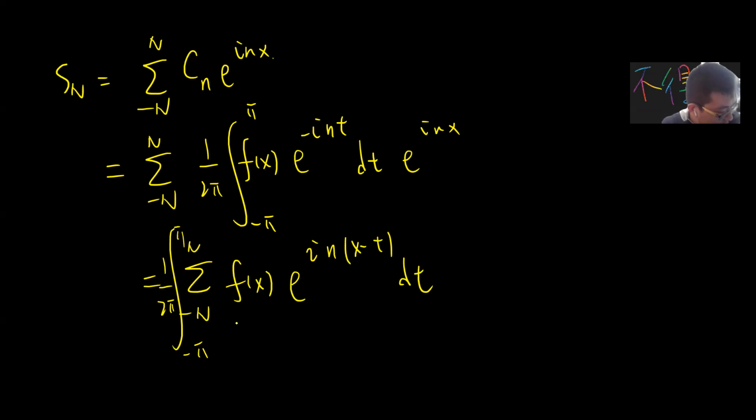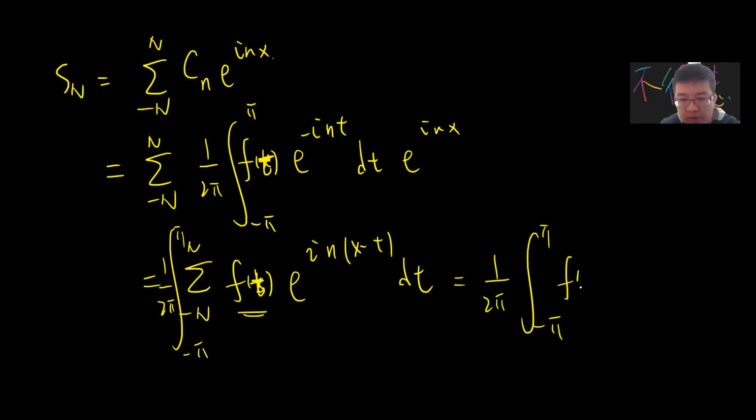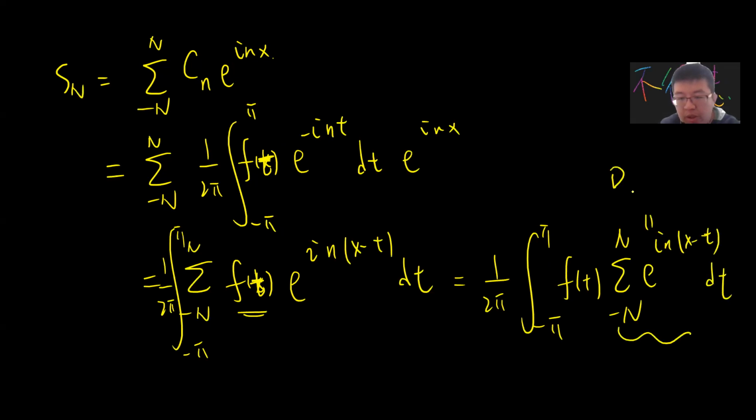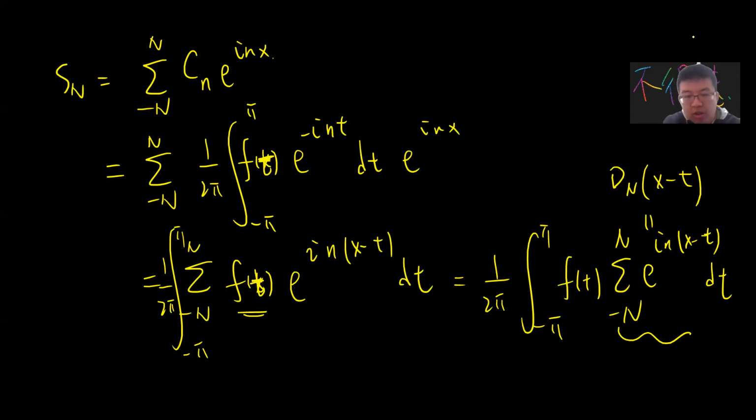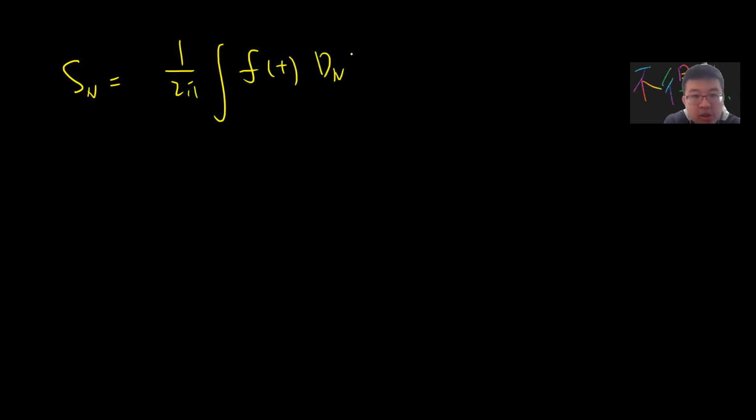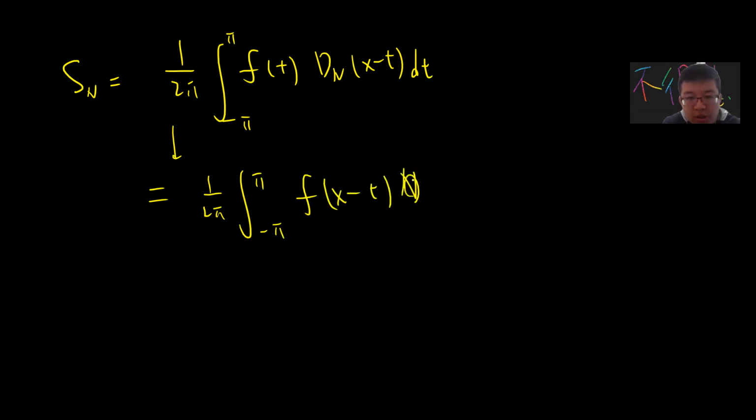Sorry, this is t, and then you can pull out the 1/2 pi: 1/2 pi times the integral from negative pi to pi of f(t) times the summation from minus n to n of e^{in(x-t)} dt. This is the Dirichlet kernel D_n(x-t). So S_n can be written as 1/2 pi times the integral from negative pi to pi of f(t) D_n(x-t) dt, and using the change of variable, f(x-t) D_n(t) dt. This is just a change of variable.